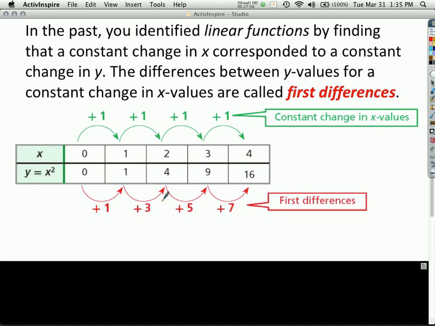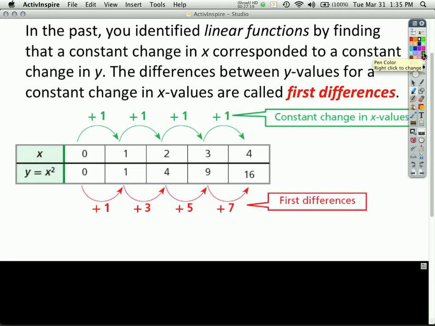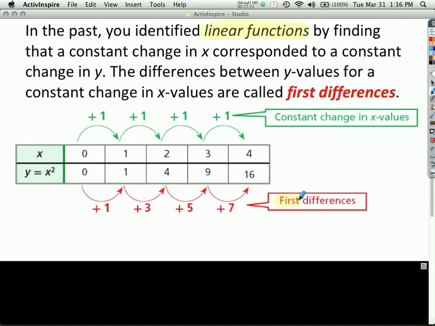We looked at the differences of the y's. If the differences in the y's were all the same, that was called linear. So a linear function would have all of the first differences be the same. But you can see here that they're not the same, which means that this is not linear.